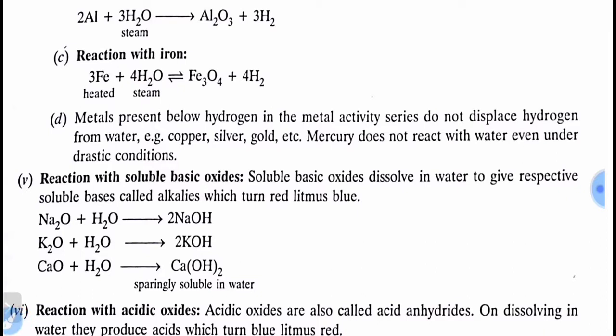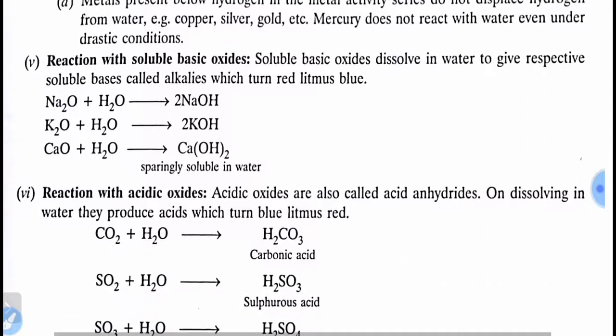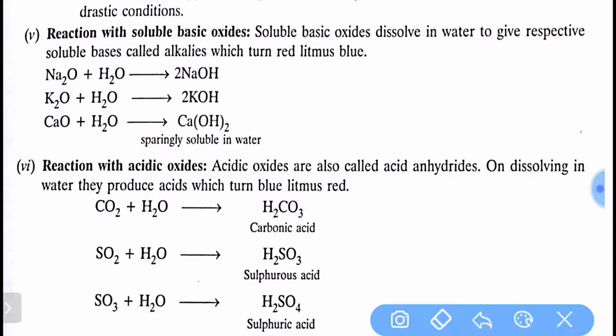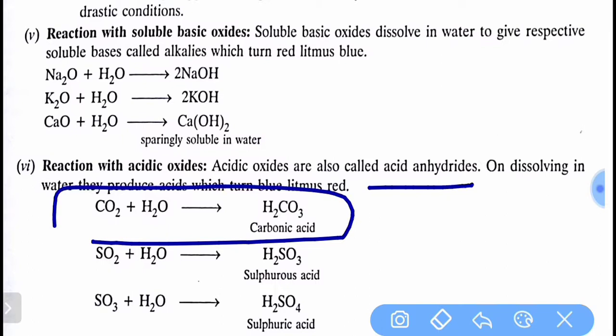Then reaction of water with acidic oxides. Acidic oxides are those formed by non-metals. Acidic oxides are also called acid anhydrides. On dissolving in water, they produce acids which turn blue litmus red. First reaction here, CO2 plus H2O forms carbonic acid.